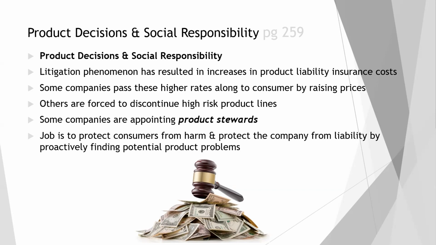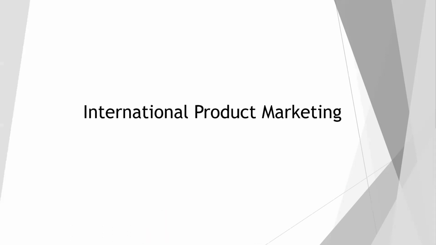And many companies are appointing something called product stewards. The job of these product stewards is to protect consumers from harm and to protect the company from liability by proactively finding potential product problems. They will go out and look for potential problems so that they can protect the consumer and protect the company.